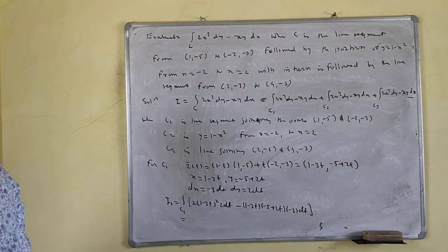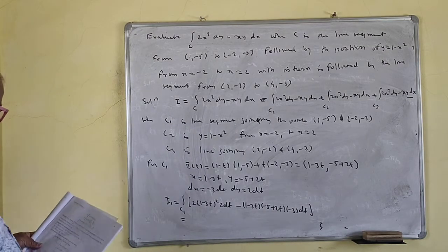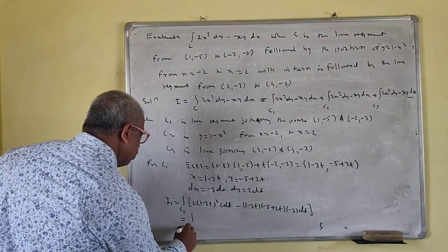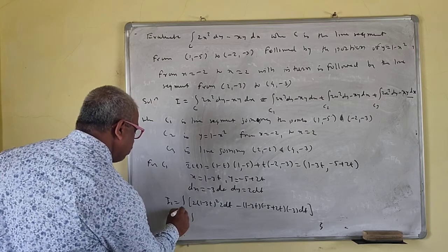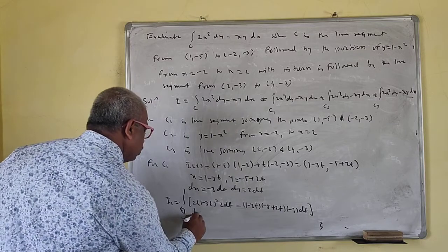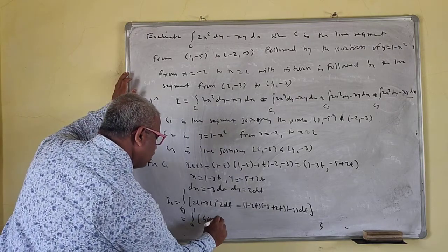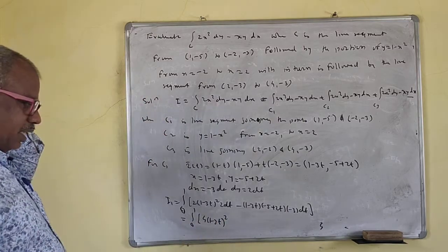Okay, so now we will simplify this. The integral over c1 means you can write 0 to 1. So just we will write 4 times (1 minus 3t) bracket square. This we will keep as it is.